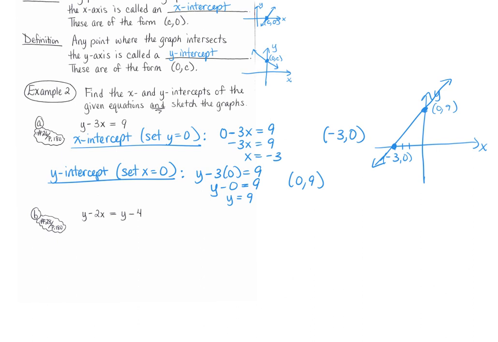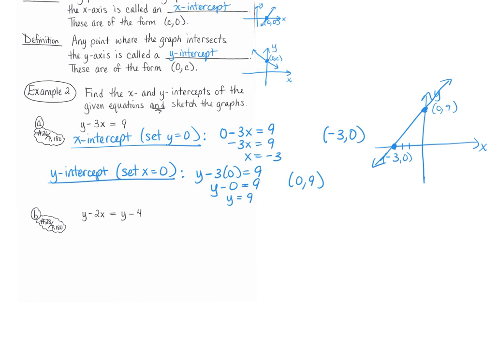Do part B. Part B, you have y minus 2x equals y minus 4. Take a couple of minutes and find the x and the y intercepts, if any at all, and sketch the graph.